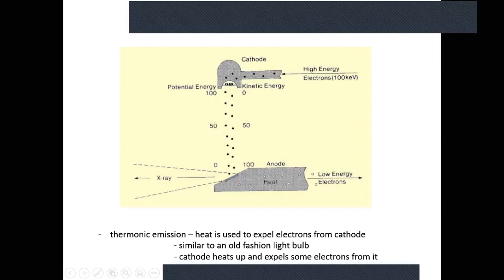This is just explaining what it does. It does thermionic emission, so it produces the high energy electrons. They eject electrons and then they make X-rays. Just to show that the X-rays are perpendicular to where the electrons strike the surface of the anode target.